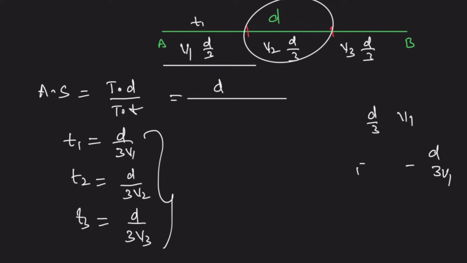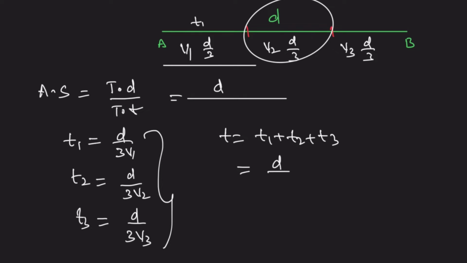So what is the total time here? Total time is t1 plus t2 plus t3. So that is d by 3v1 plus d by 3v2 plus d by 3v3.